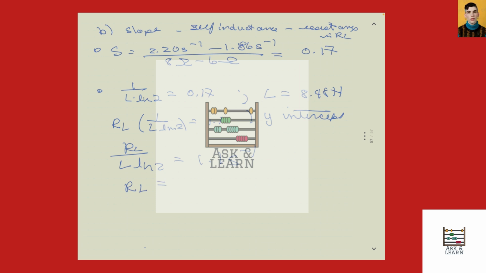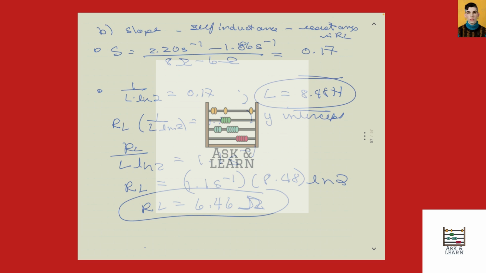Solve for RL: that'll be 1.1 s to the minus 1 times 8.48 times the ln of 2, and RL will be equal to 6.46 ohms. Okay, so L is this, and there's R.